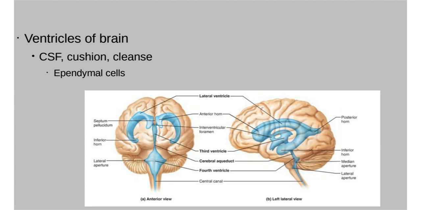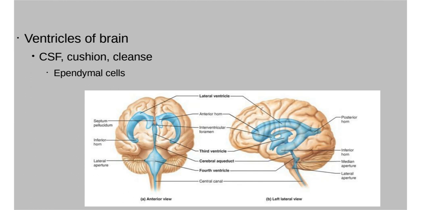And the cerebrospinal fluid, as it's made, will circulate through these ventricles, these hollow portions of the brain, and it goes down from the brain through that central canal of the spinal cord that we saw in lab.